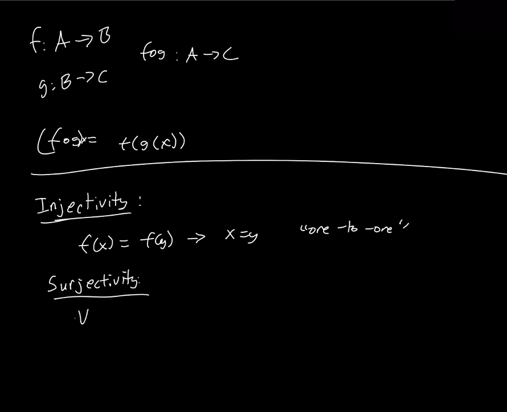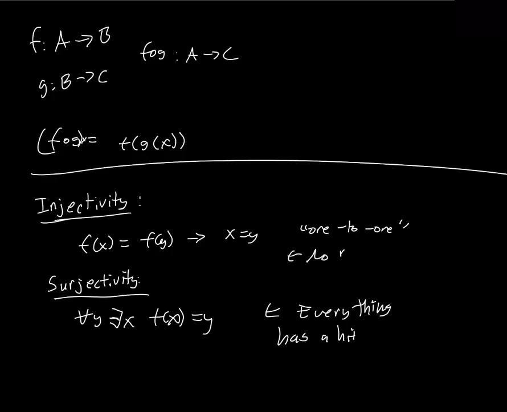We say that for every y, there exists some x, such that f of x equals y. This is how everything has a hit. No more than one hit. What if we combine these? That means everything has one and only one hit, and that's a bijection.